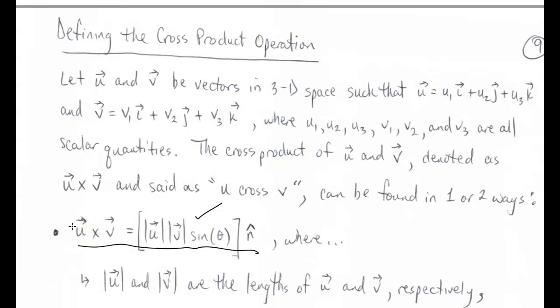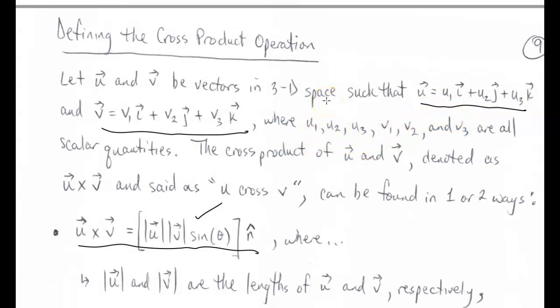Okay. All right. So let's say we have vectors u and v in 3D space such that we could write them in this form here. I'm just using the fundamental unit vectors i, j, and k to write it in components. And of course, u1 through u3 and v1 through v3 are all scalar quantities.